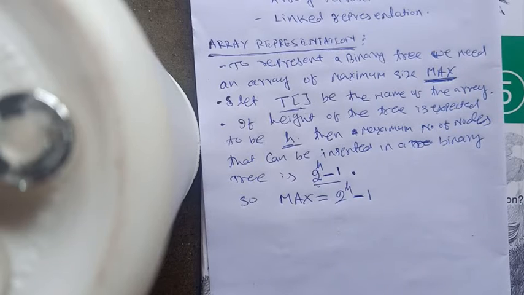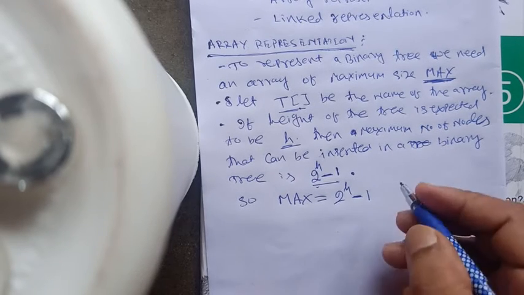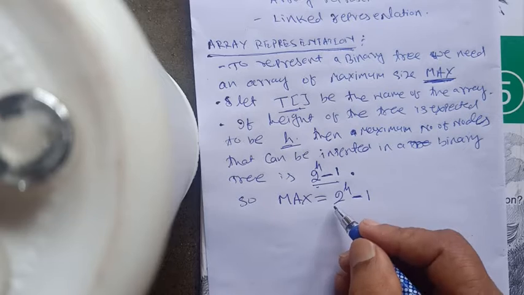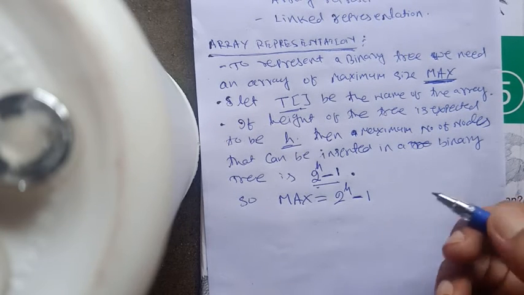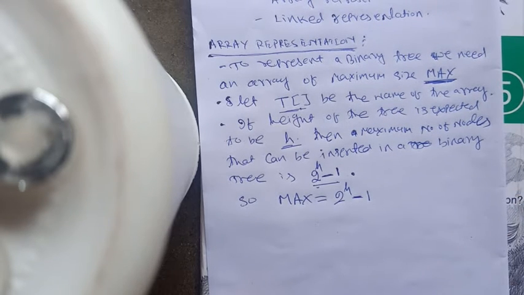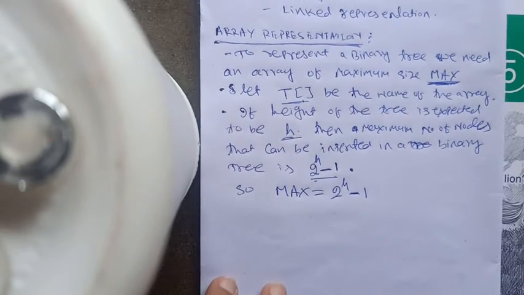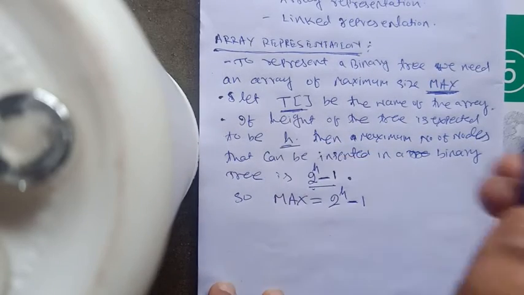If we want to create a tree of height 4, then it should be 2 to the power 4 minus 1. 2 to the 4 means 16, 16 minus 1 is 15. So the tree can accommodate a maximum of 15 nodes. This is how we will know the size of this array.